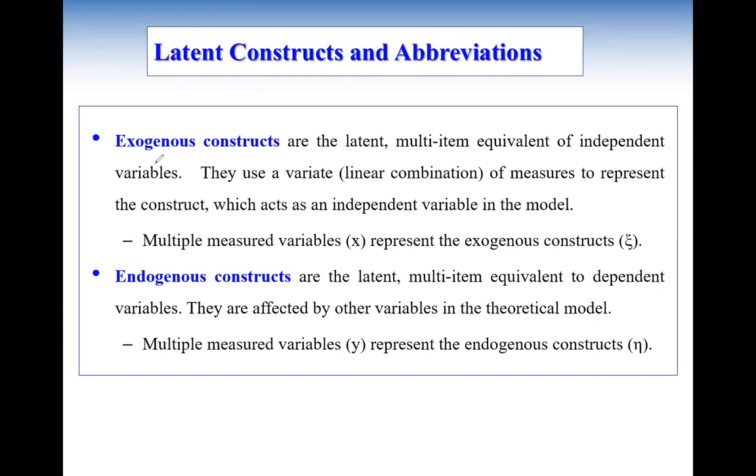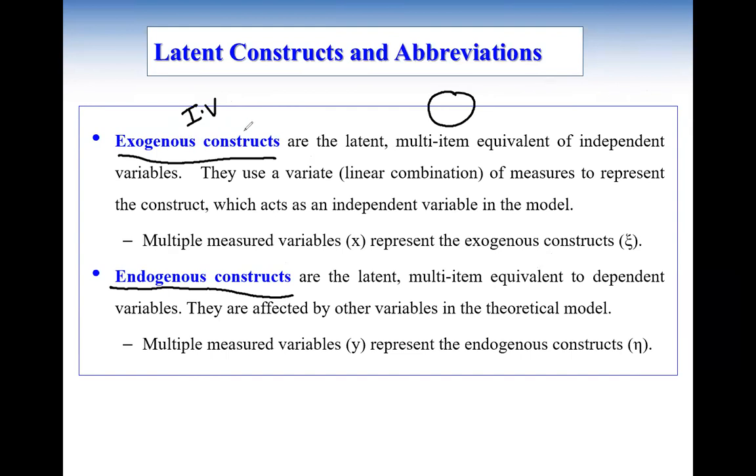Now we use two terms, exogenous construct and endogenous construct. Construct means factor. Exogenous means independent. It is nothing but the same as independent variables. When I talk about a construct, it means a combination of 4 or 5 questions. In factor analysis, factor 1, factor 2, each factor has 4 or 5 questions.